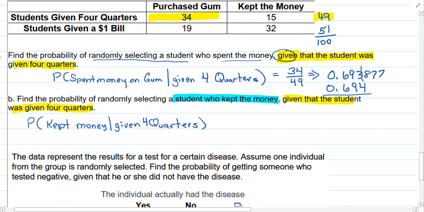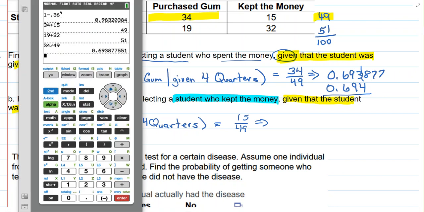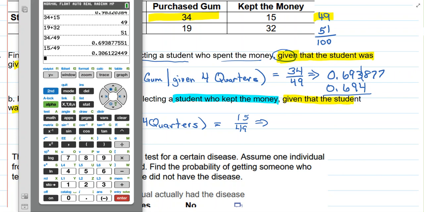All right, well, this one is the remaining item of that condition. It's 15, out of that 49 of that condition. And that gave us the value, and so on.